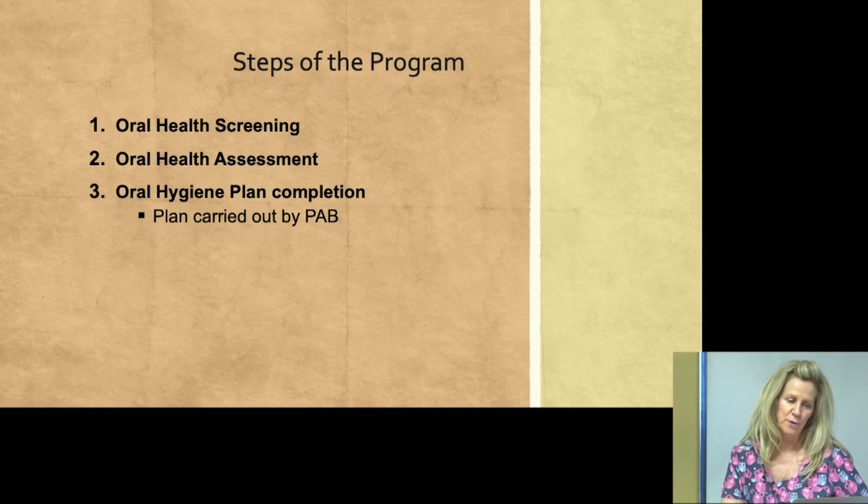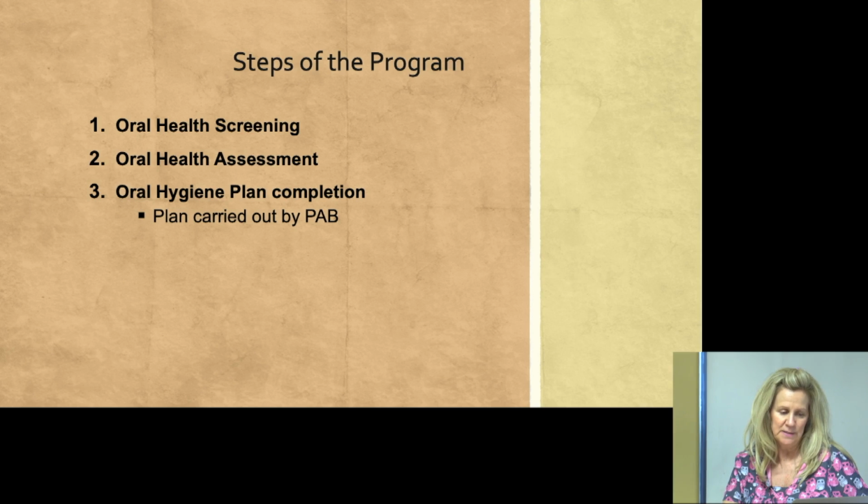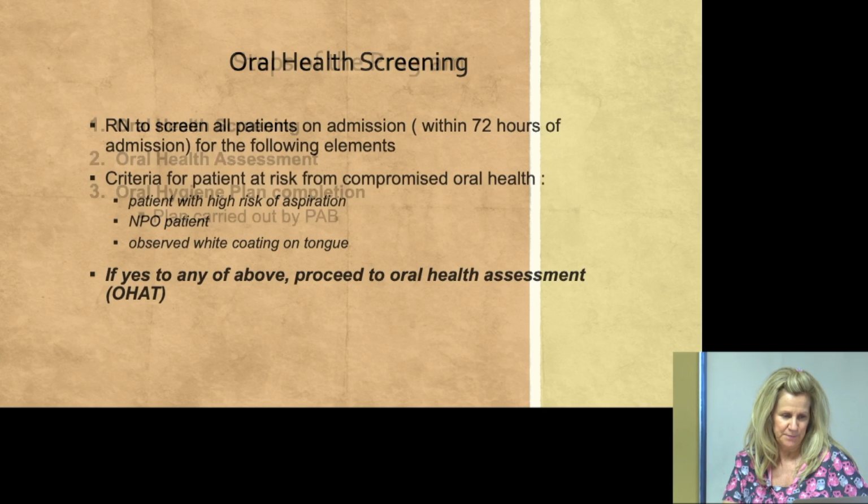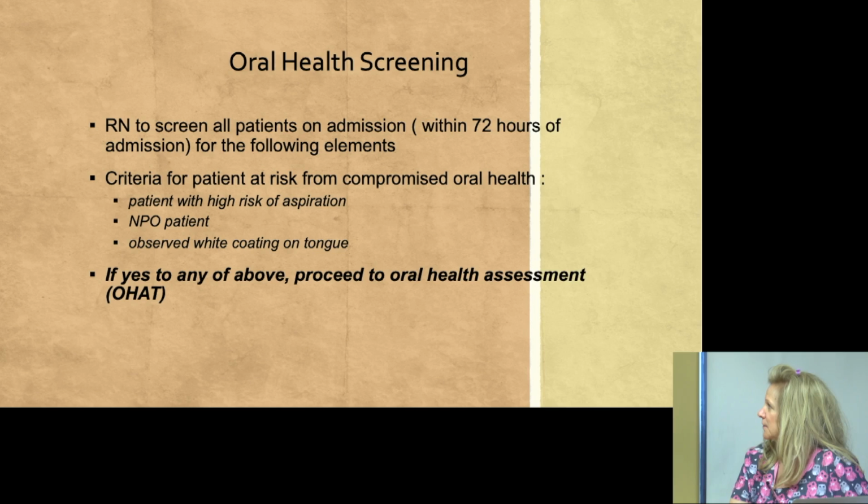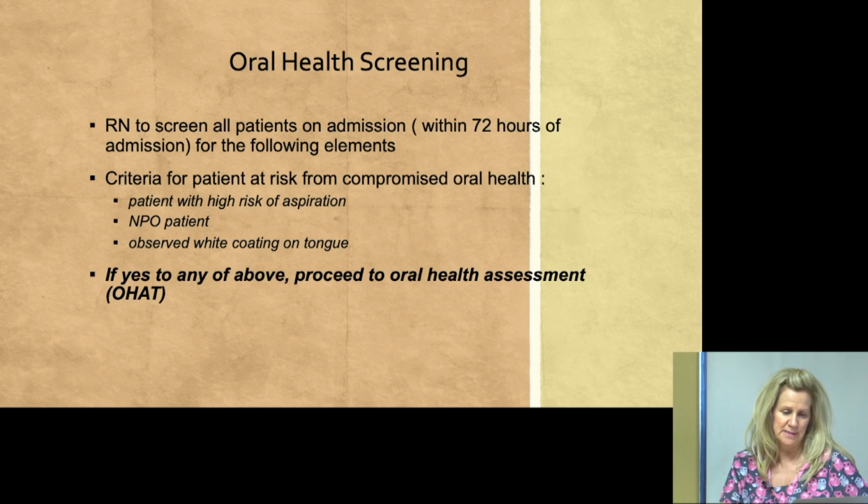The steps of this program are oral health screening, oral health assessment, and oral hygiene plan completion, which is carried out by the PABs. For the oral health screening, RNs screen all patients within 72 hours of admission.